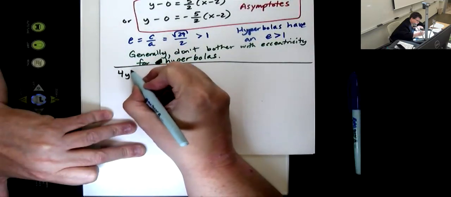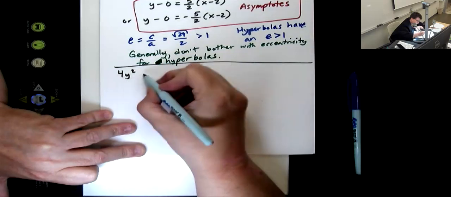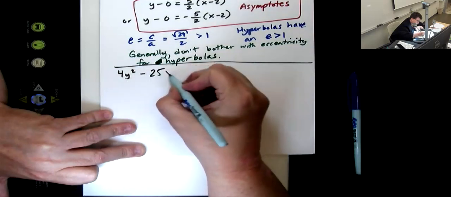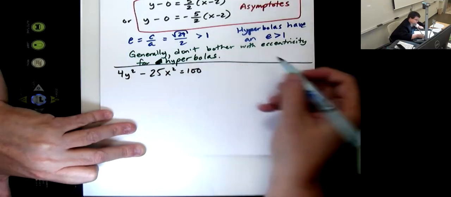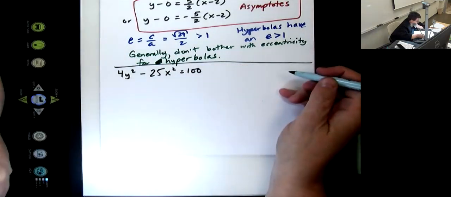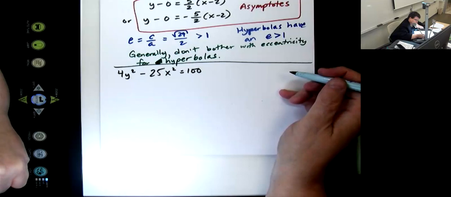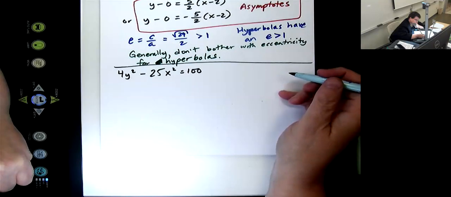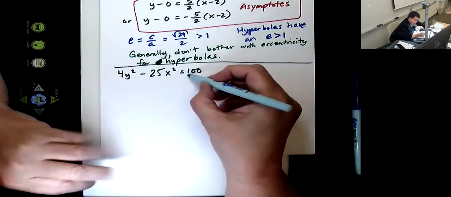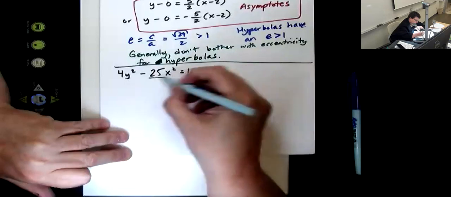4y squared minus 25x squared equals 100. So we've got to divide everything by 100 because we want the right side to equal 1.